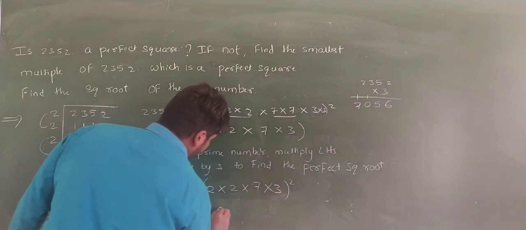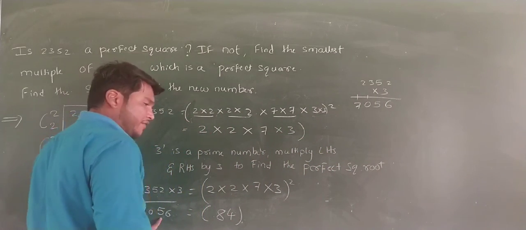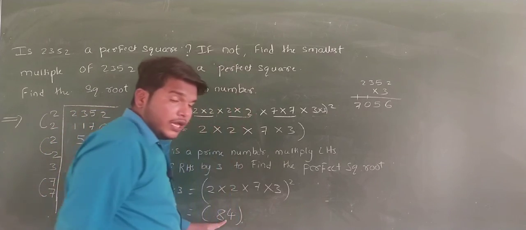So we have 84. So the root of 7056, if you do prime factorization, you get 84.